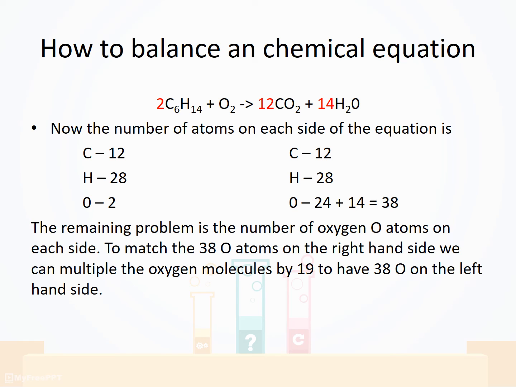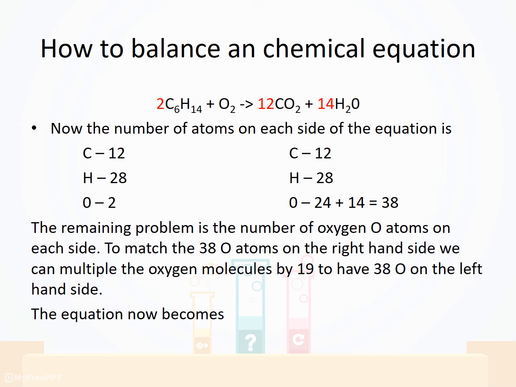To get that matched on the left-hand side, because there's 38 oxygens on the right-hand side, and our oxygen molecule has 2 oxygens on the left-hand side, we're going to have to multiply our oxygen molecule by 19.